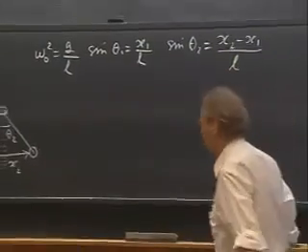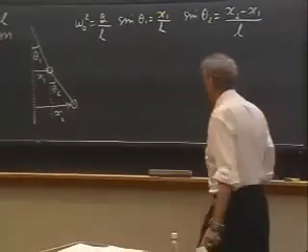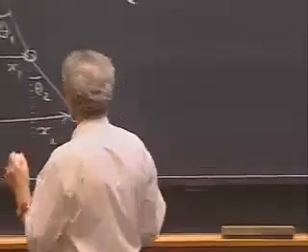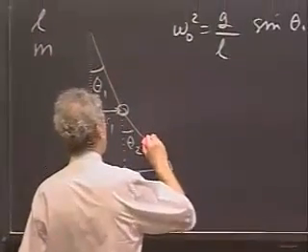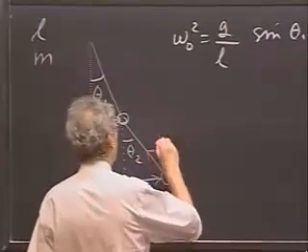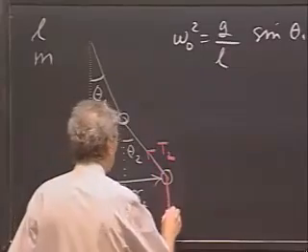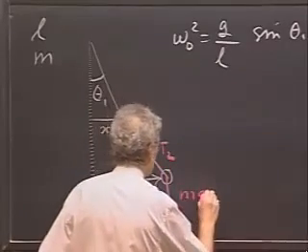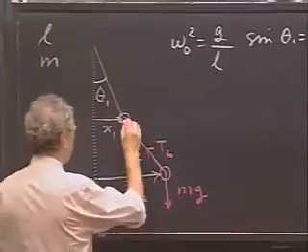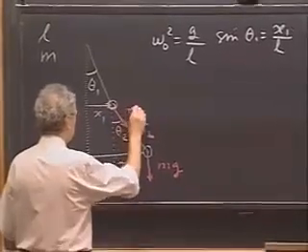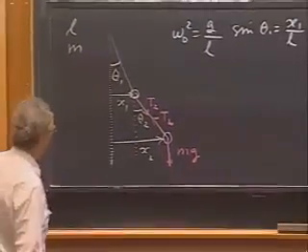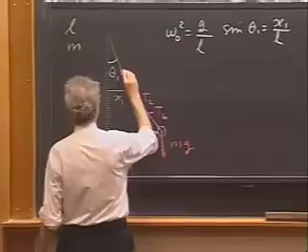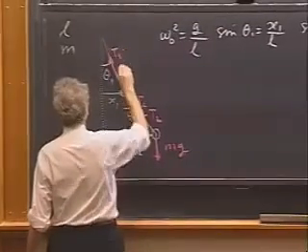For small angular approximation, we do know the tensions. Here we have a tension which I will call T2. There is here, of course, mg. So there is also a tension T2 here. Action equals minus reaction. And then there is here the tension T1.